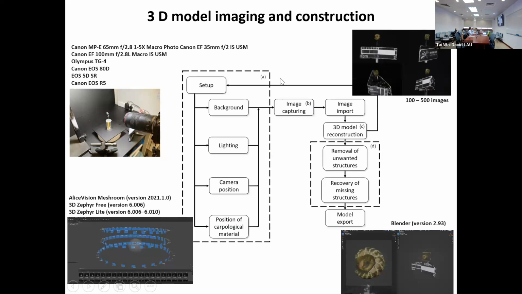In the 3D model imaging and construction, there are mainly 4 forming parts, including the imaging platform, imaging condition, image analyzing software, and the editing.